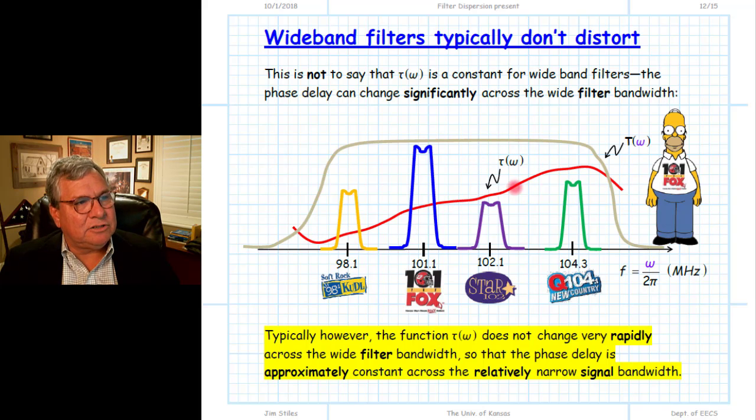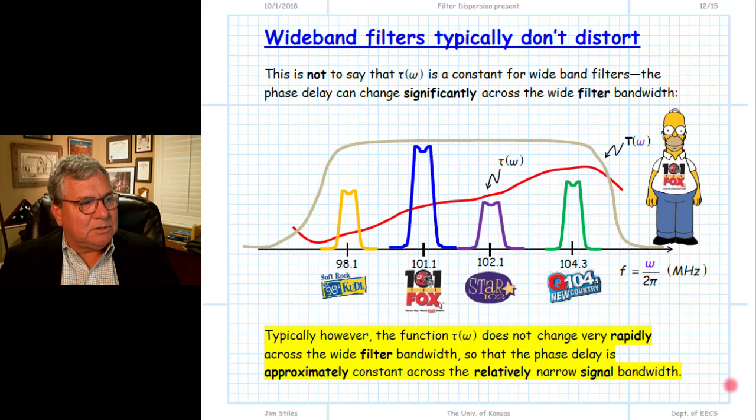Again, we see that it's changing over the filter bandwidth, but if we look at each individual spectrum, it's changing a little from one side to the other, but not very much. So little, we hope, that the effects of dispersion will be minimal and distortion will be negligible, at least not detectable or understandable by the human ear. So for wideband filters, we don't have to worry about dispersion quite as much.